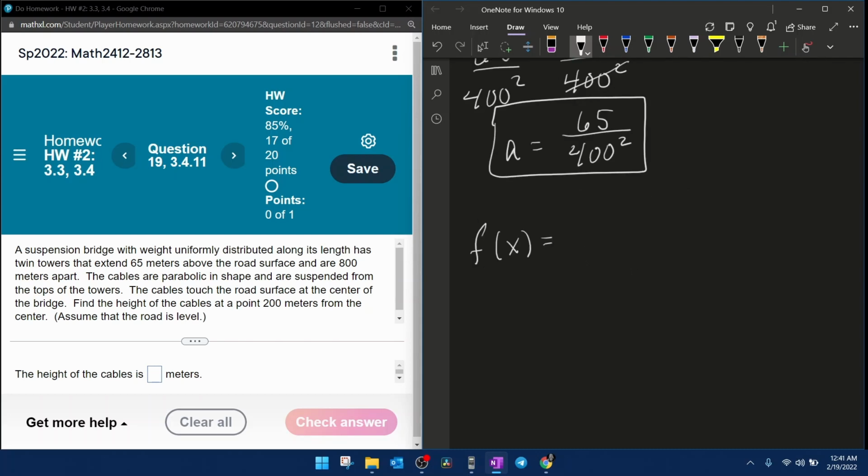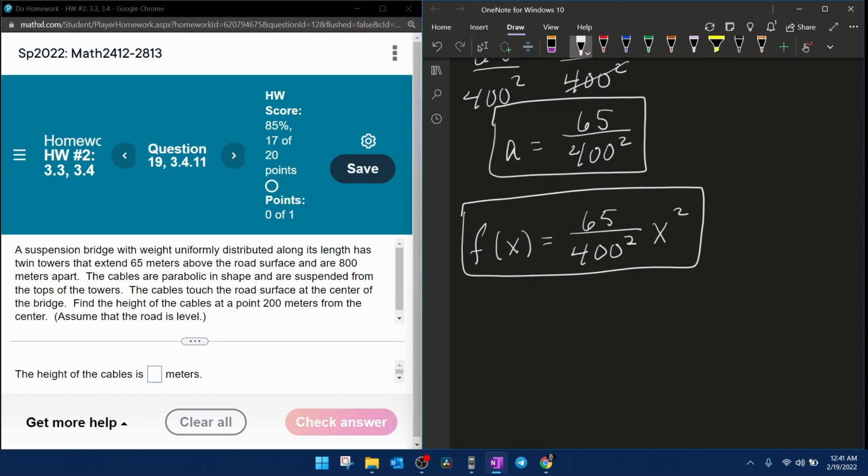Okay, so now we can rewrite our quadratic function in vertex form. That's going to be a x squared. And since h and k are both 0, that's going to be it. That is going to be the quadratic function.